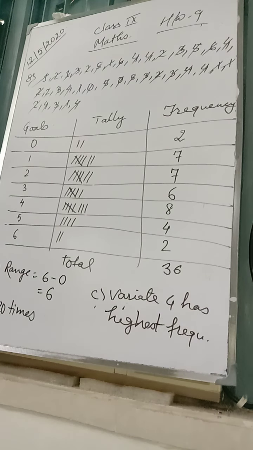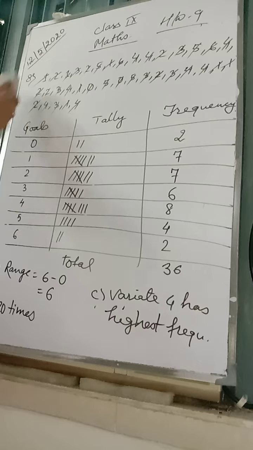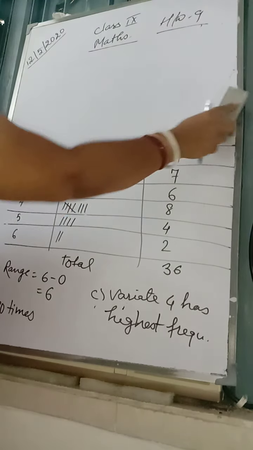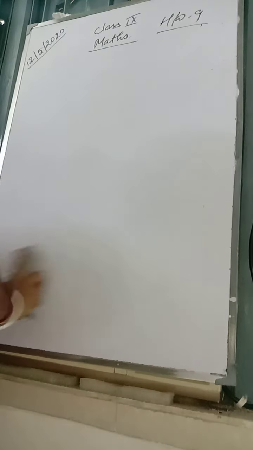The class marks of a frequency distribution table are given. Now you have to get the class limits. Question number 10.